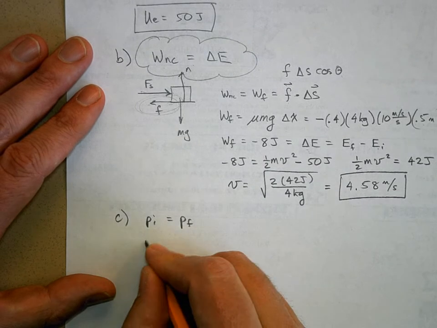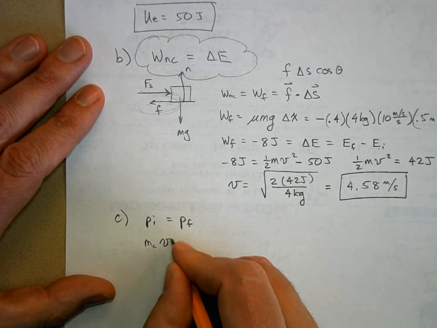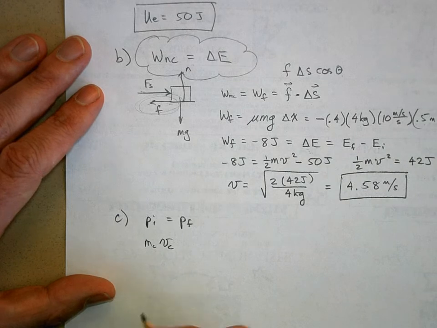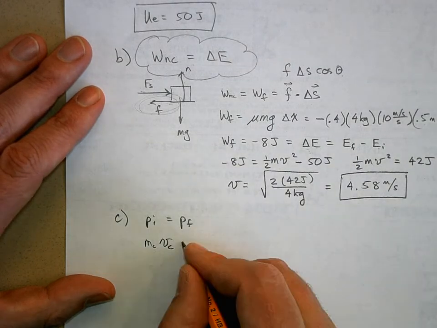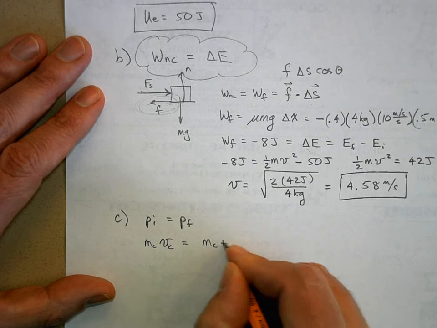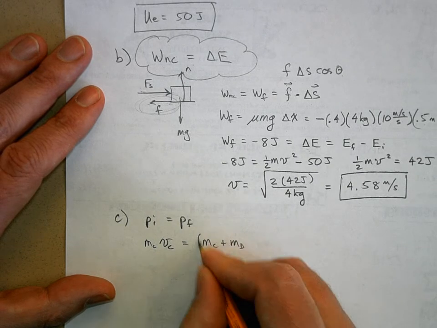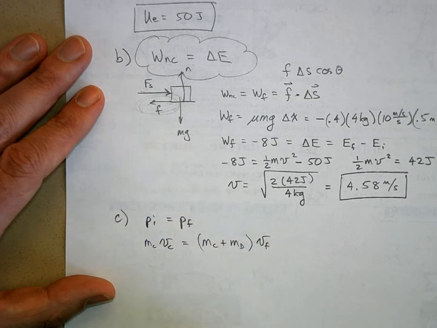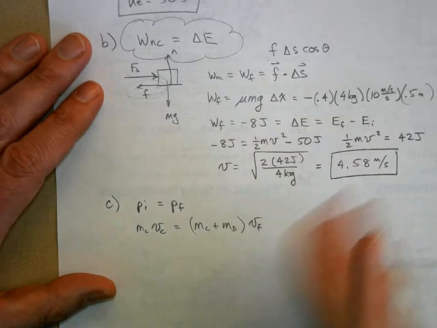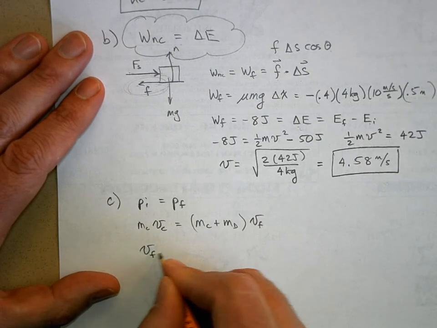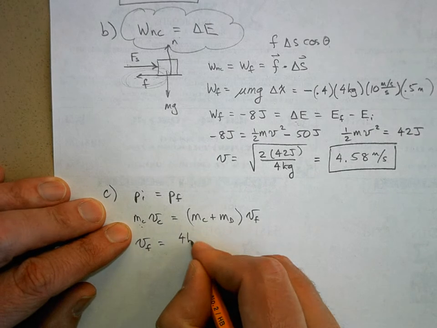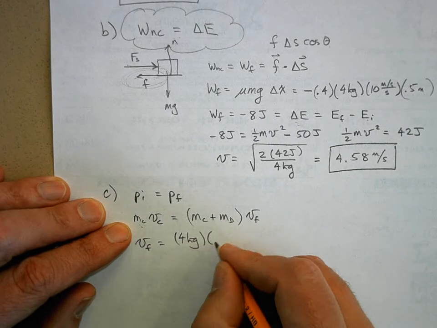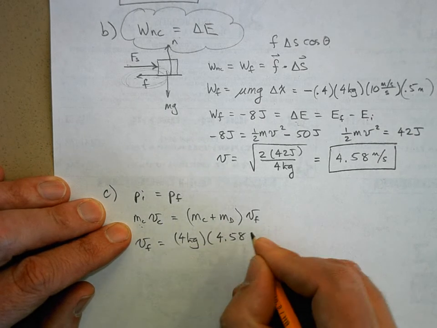It was the mass of C times the velocity of C initial, which is this one over here. And that's going to be equal to the mass of C plus the mass of D times their final velocity, which is what we're looking for. So the final velocity is going to be equal to, I can plug in the numbers now. This is 4 kilograms, and it was moving at 4.58 meters per second.